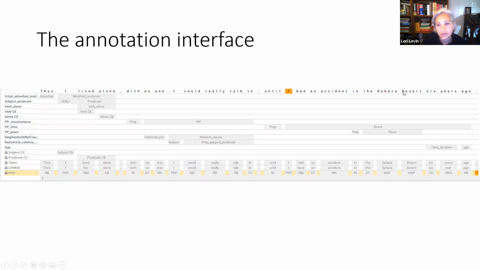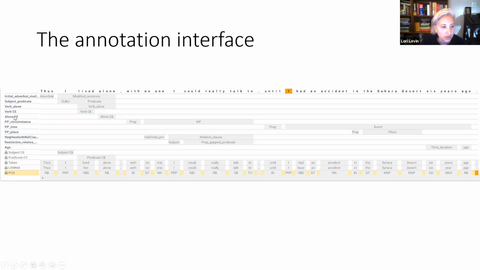You can see the sentence across the top, and down the side a list of construction names, like initial adverbial modifier, subject predicate, verb alone.